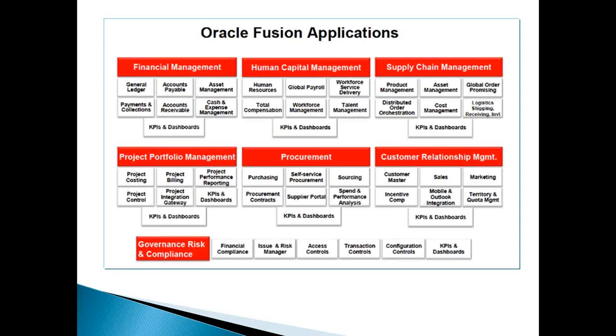As other capabilities, we have financial compliance and issue and risk manager, access controls, which work in and out of this entire business operation, which comes under governance, risk and compliance, GRC. This is also a part of Fusion.